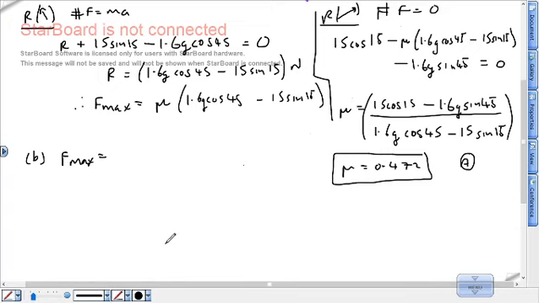So calculator, previous answer multiplied by open brackets 1.6 times 9.8 times cos 45, close brackets, minus 15 sin 15, close brackets, equals, and I get F max as being 3.40 newtons to 3 SF.